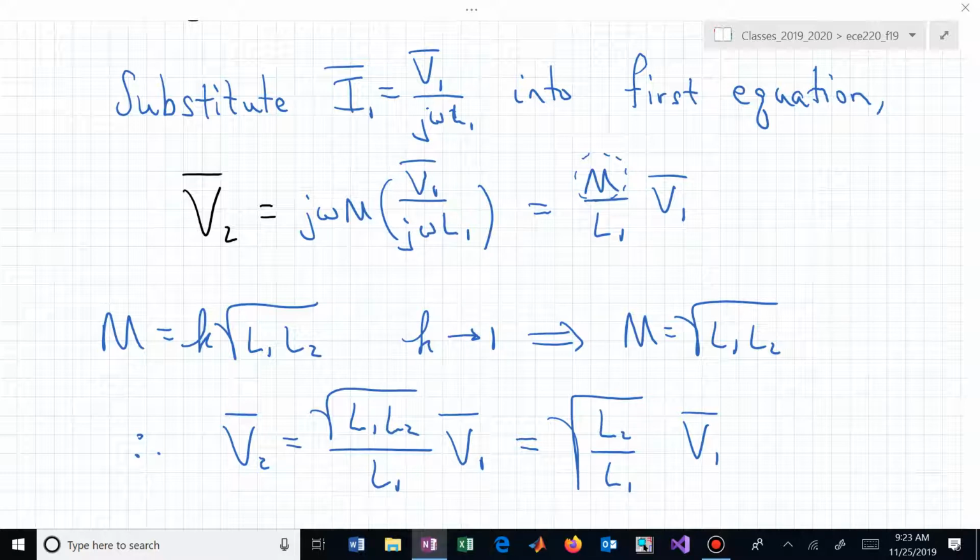Now if we put everything underneath the radical, V sub 2's phasor is equal to the square root of the quotient L2 over L1 times V sub 1.